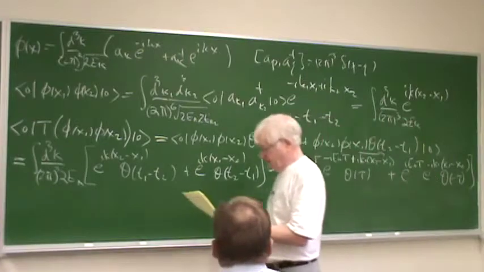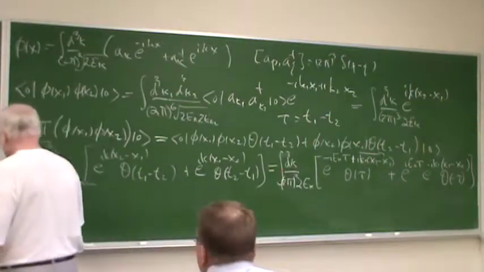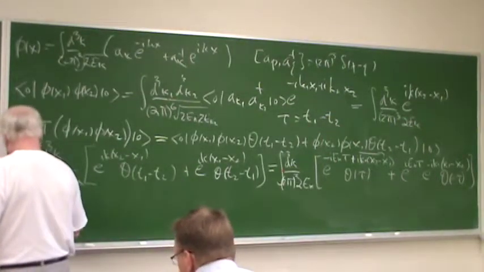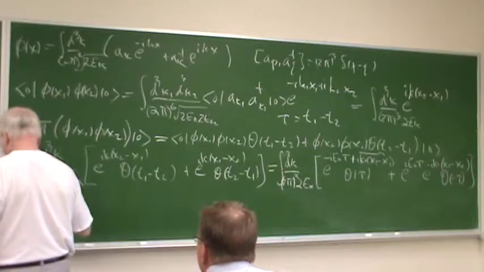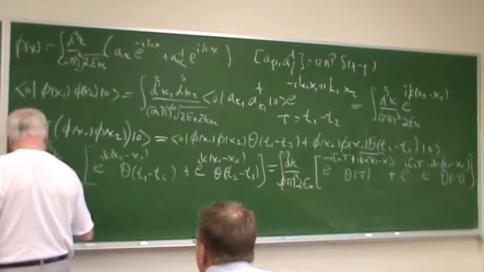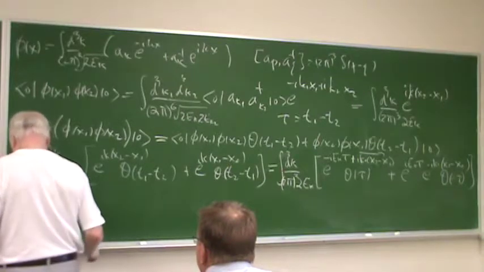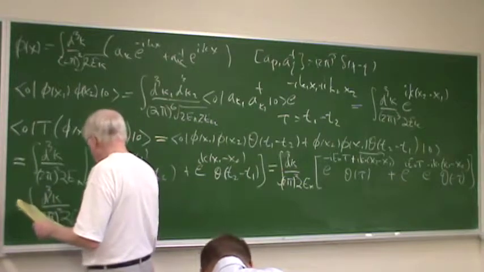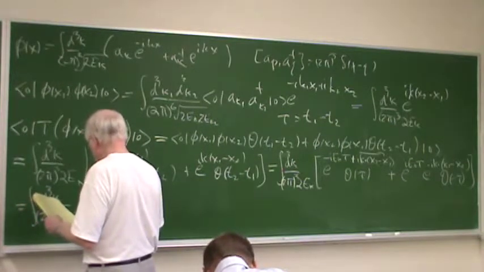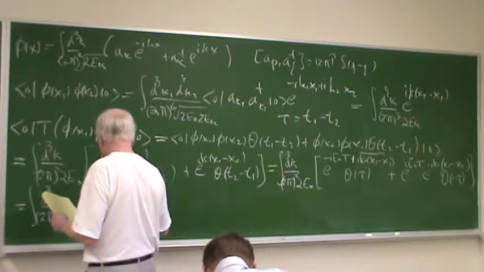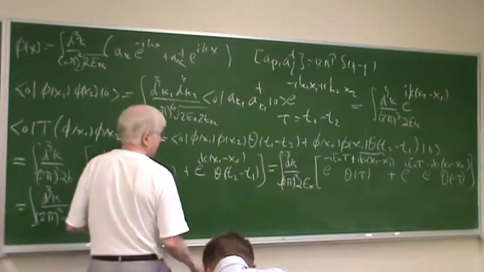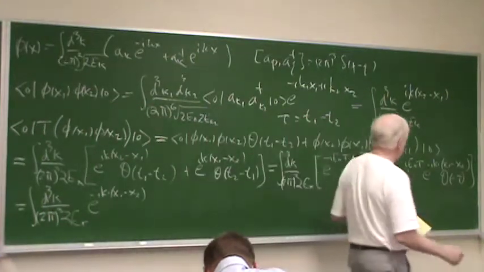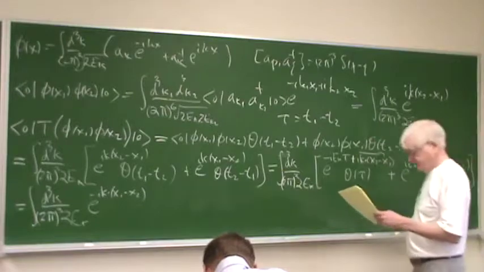And so what we've got now is the integral d cubed k over 2 pi cubed, 1 over 2 ek, e to the minus i k dot (x1 minus x2). So that was this one.